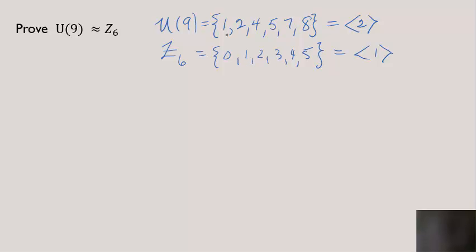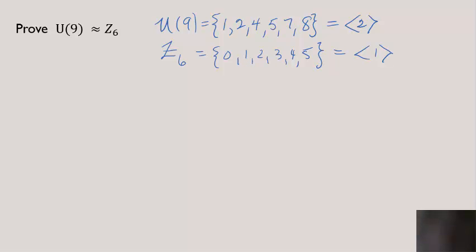We can't just say let's do this, 1 to 0, 2 to 1, 4 to 2, 5 to 3, 7 to 4, 8 to 5. That's not going to work because, for example, 3 plus 3 is the identity, but 5 times 5 is not 1. So we want to do this in a way that preserves the operation.